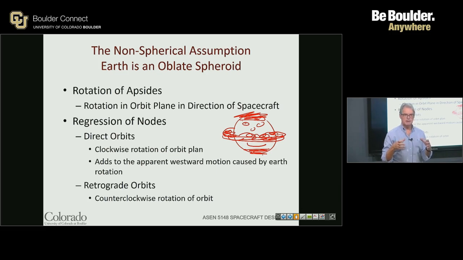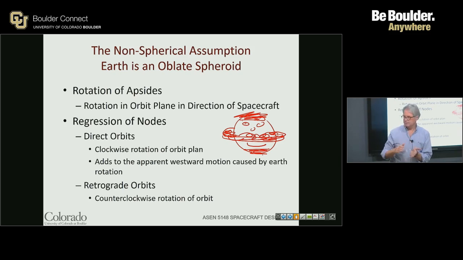And what happens? A couple of things happen. That bulge around the Earth starts to do something. When that bulge sees my spacecraft coming up over it, it wants to accelerate the spacecraft, and it wants to increase the spacecraft velocity. And what it does is it starts to take my orbital plane as I'm rotating, and it wants to rotate the orbital plane in the plane of the orbit.